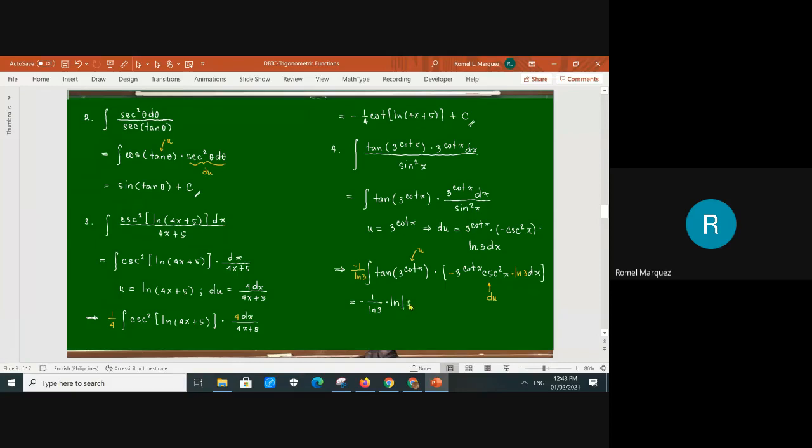So, ln of secant of, what is my u? 3 to the cotangent of x, no? Then, absolute value of that, then plus c. Okay? That's it. Any question, children? Guys, pwede rin yung ln of, then over ln3 ha, then negative.